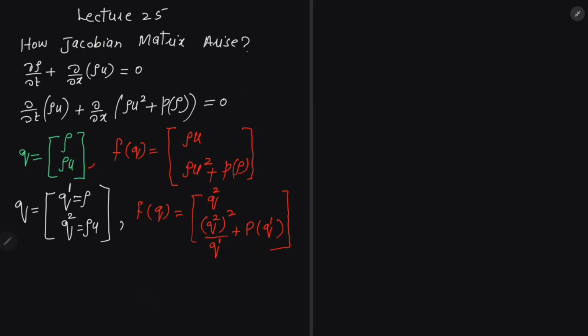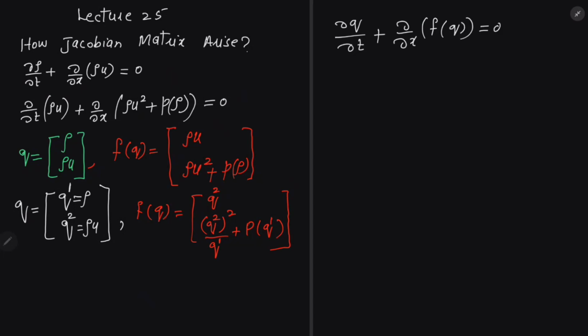Let me just go back to the advection equation, which is written like this: partial q by partial t plus partial by partial x of a flux function.